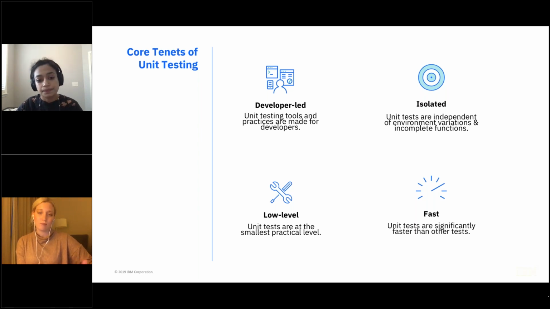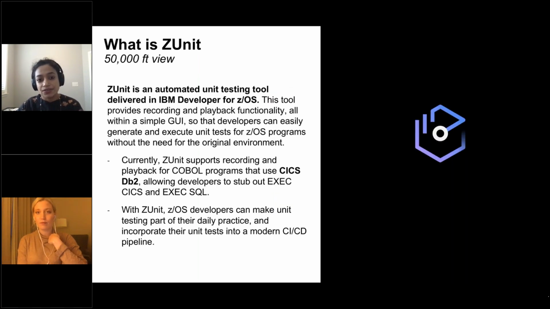It's low level, so it's the OS program, and they are fast. They run really quickly. They're very cheap. That is a very important part of unit testing. And the isolation, like Korinne mentioned, the fact that you're able to run just the code that you changed and not bother about where it's running in, is really important when it comes to unit testing.